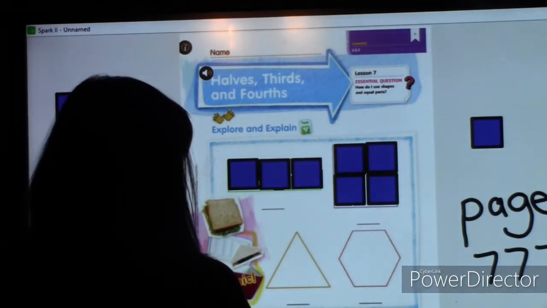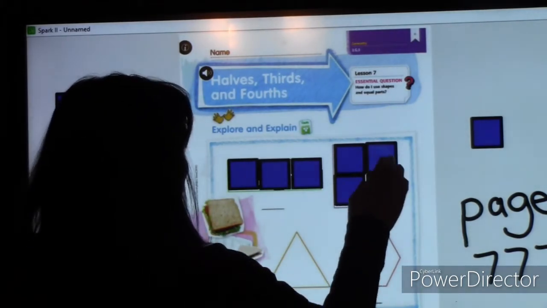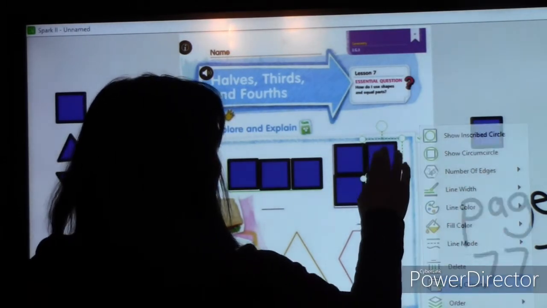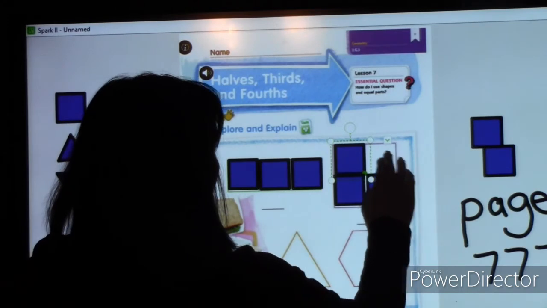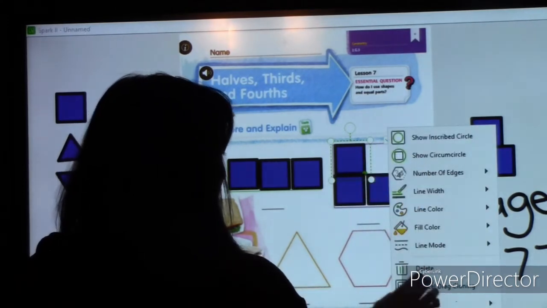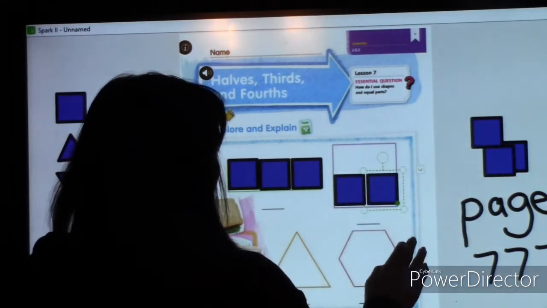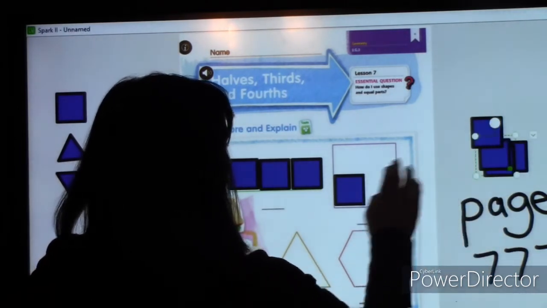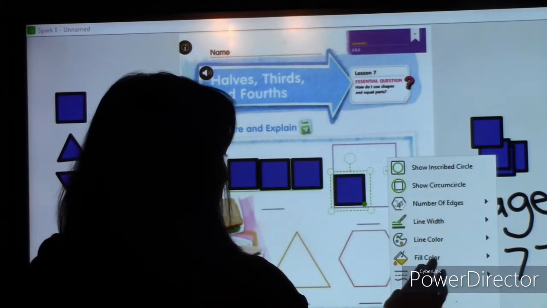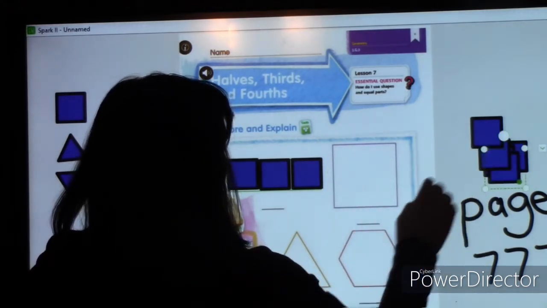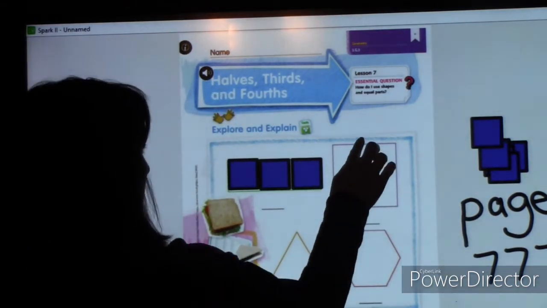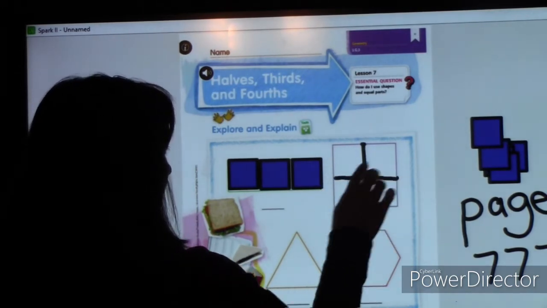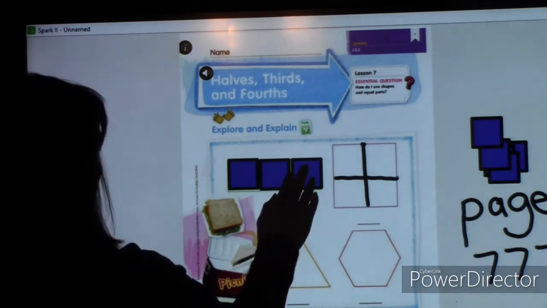To be able to do that, you're going to want to divide it in half and then divide it in half again. So it takes me a little bit to get mine off the screen, sorry. Okay, so you'll basically cut it in half and then cut it in half the other way. That will make 4 equal squares.